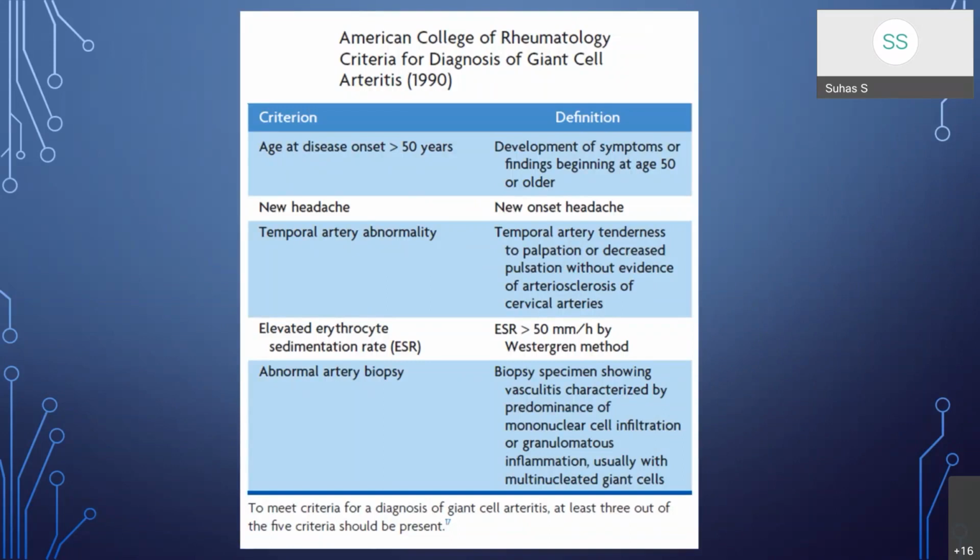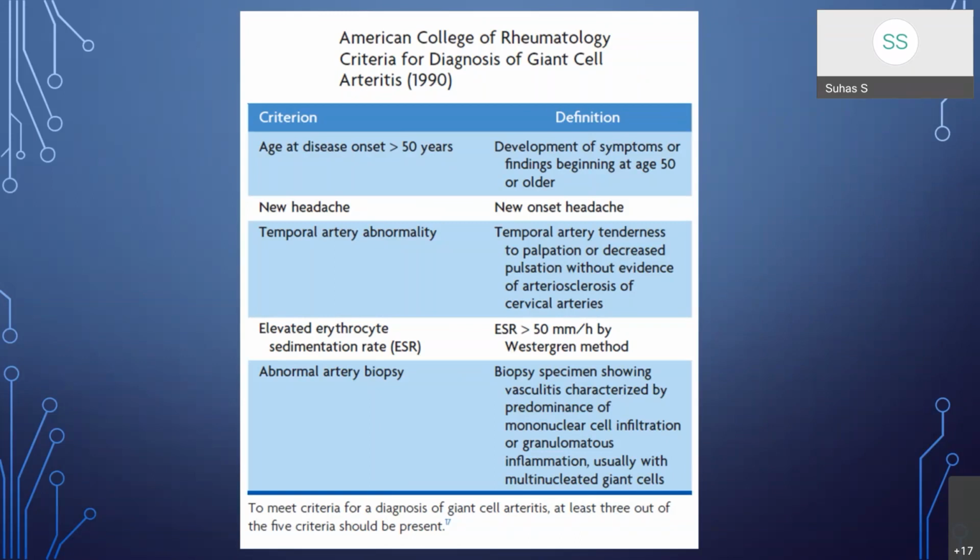The third is temporal artery abnormality, that is presence of tenderness or decreased pulsation. This is important: it should be present in the absence of any evidence of atherosclerosis of other cervical arteries. The fourth is elevated ESR. The fifth is abnormal artery biopsy.